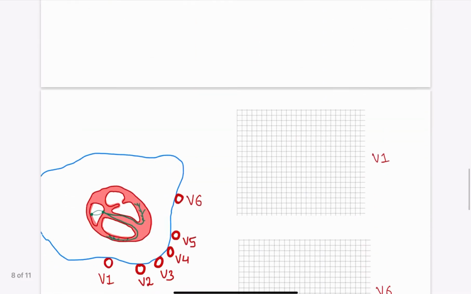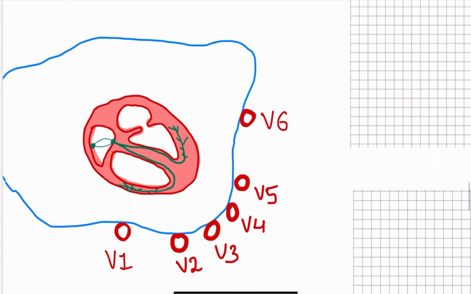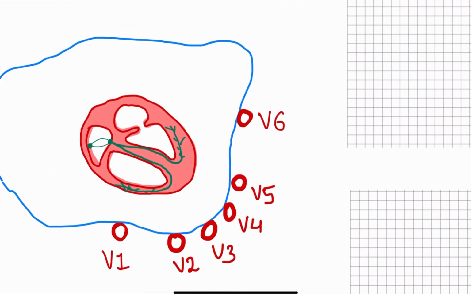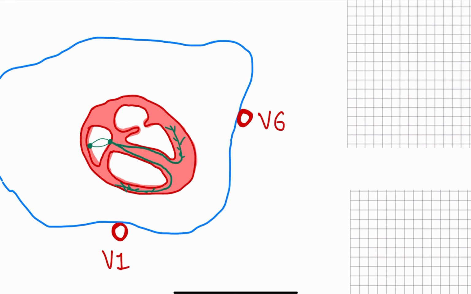We know there are 6 chest leads from V1 to V6 arranged in the body as shown in the picture. But we are going to look at leads V1 and V6 only because these leads are the farthest apart from each other and therefore have the most contrast between views, which means through these leads we can look at the heart from different perspectives.